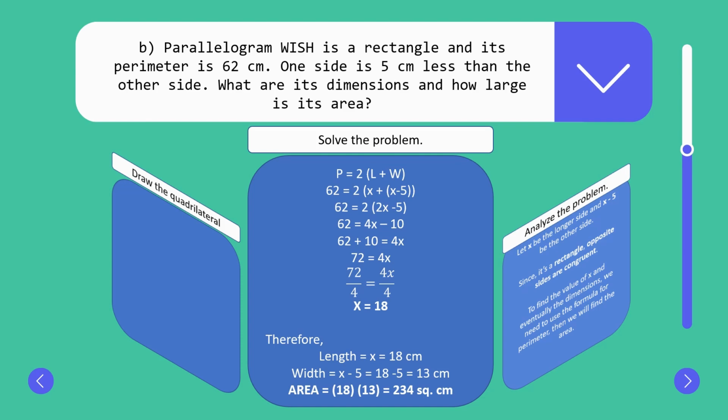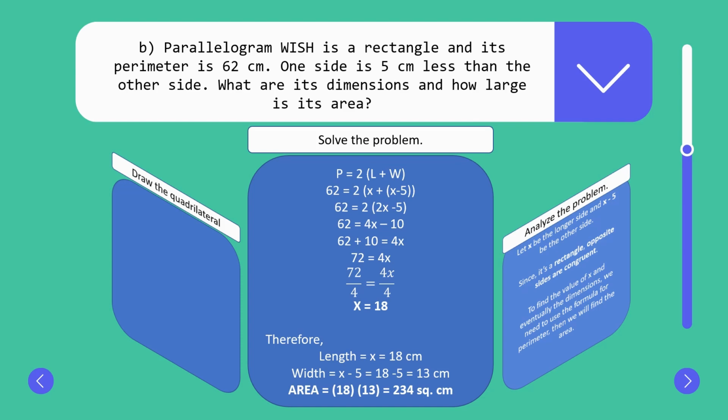So we have here 62 equals 2 times x plus the quantity x minus 5. Now let's simplify the values inside the parentheses. We got 62 equals 2 times the quantity 2x minus 5. We distribute 2. This becomes 62 equals 4x minus 10. We combine like terms.